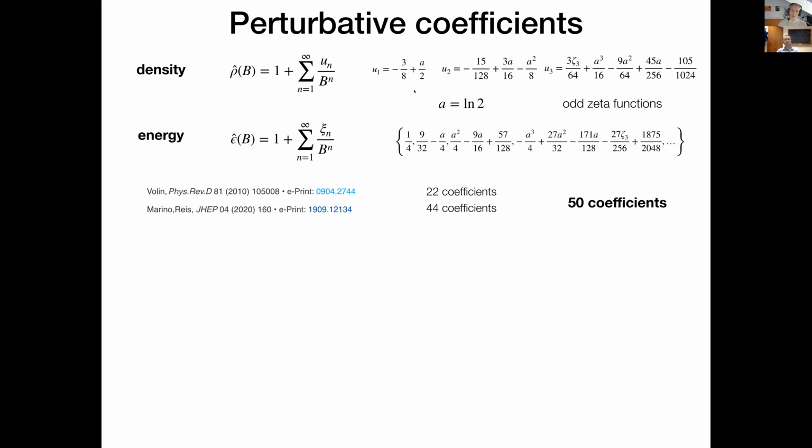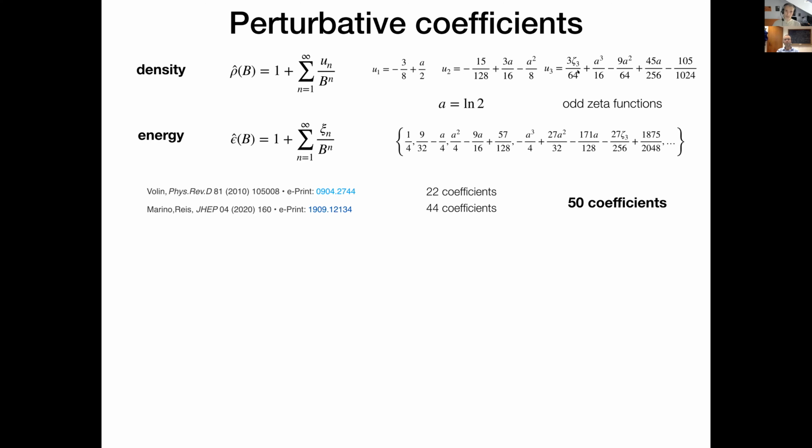But I would like to just point out the structure. The structure is that you have some rational numbers, and then you have this log 2 multiplied with rational numbers at the first coefficient. And then at the second, you can also have a square. And then later, if you go to higher coefficients, you will also see odd zeta functions.